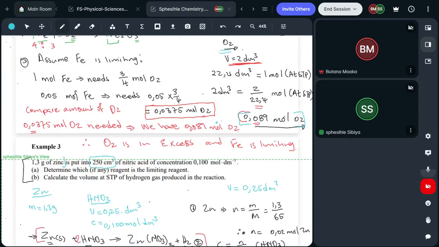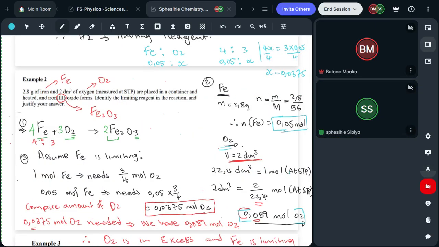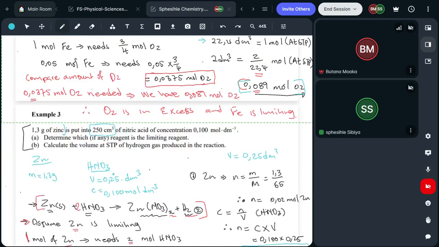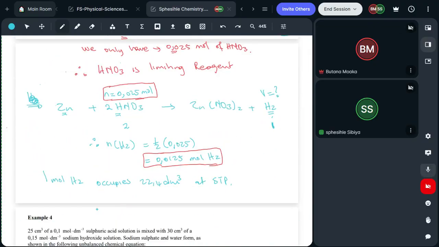Yes. Even on top, we said that 22.4 decimeter cube for any gas will be occupied by 1 mole. So if 1 mole of H2 occupies 22.4, at STP we have 0.0125 mole of H2, which will occupy 0.0125 multiplied by 22.4 decimeter cube.